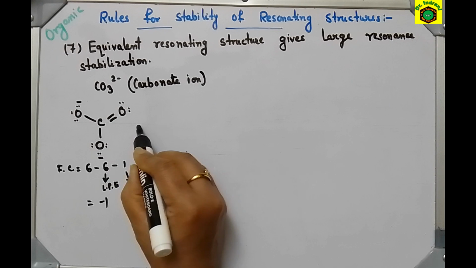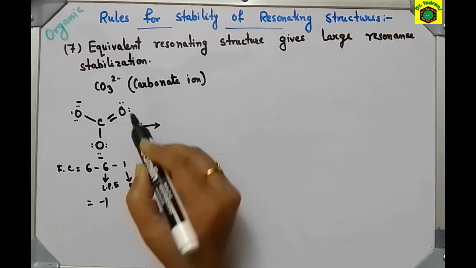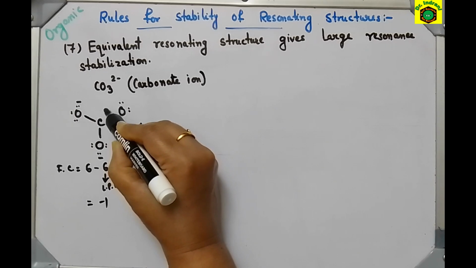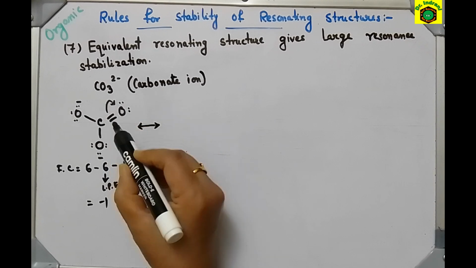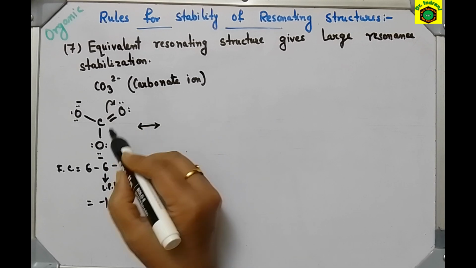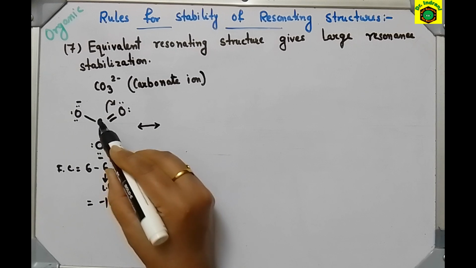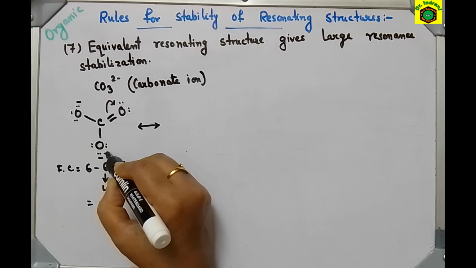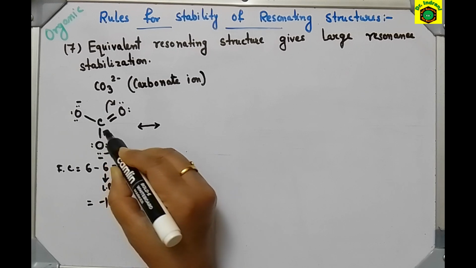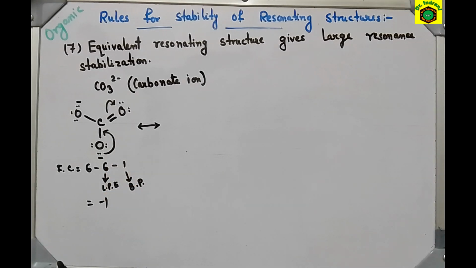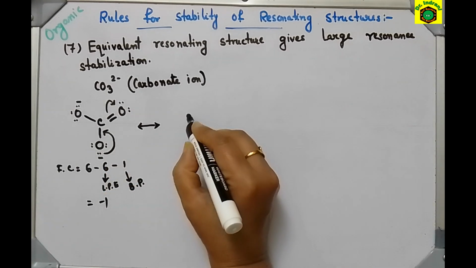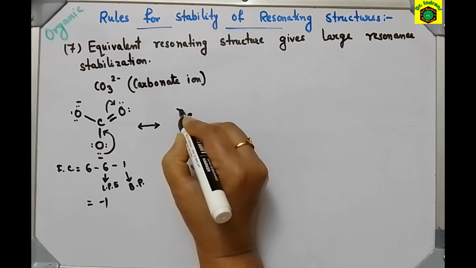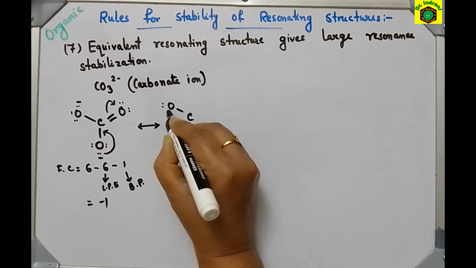Now from here, how to draw the next resonating structure? Oxygen is more electronegative. We have to shift these pi electrons on the oxygen, and carbon will become electron deficient. So this electron density, lone pair of electrons, will be transferred here to make pi bond. So what is the next resonating structure? This one as it is.